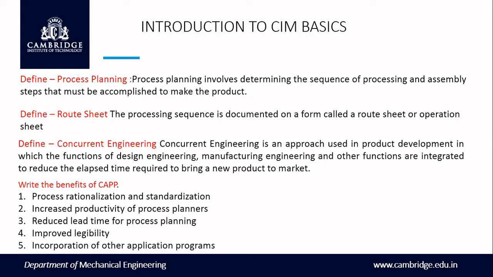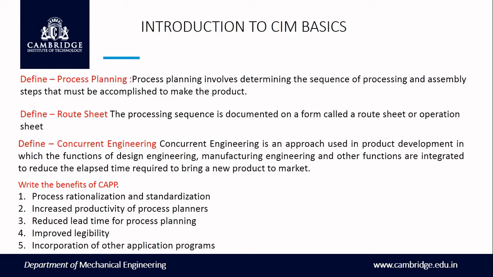And then, what are the benefits of computer aided process planning? Here the process planning is integrated with the computer. Now, what are the benefits if you have CAPP in your factories? The benefits are process rationalization and standardization of the process. Increased productivity of process planners.